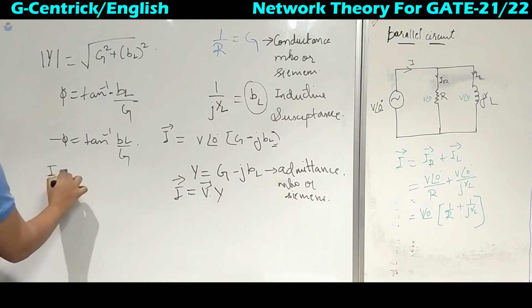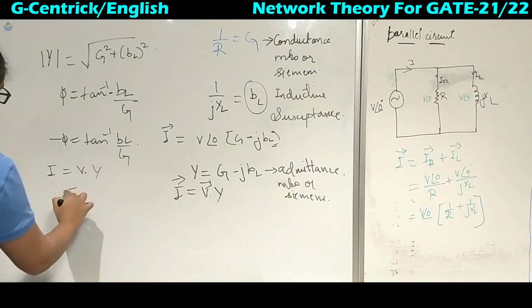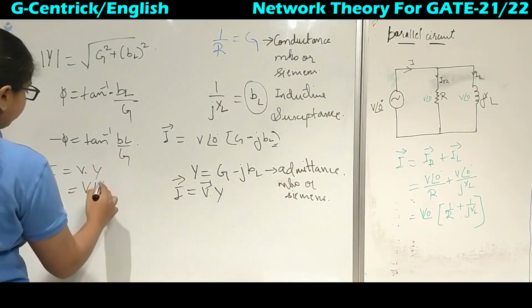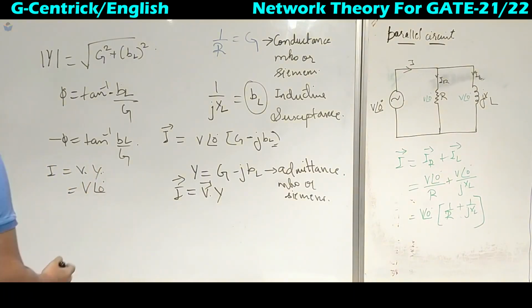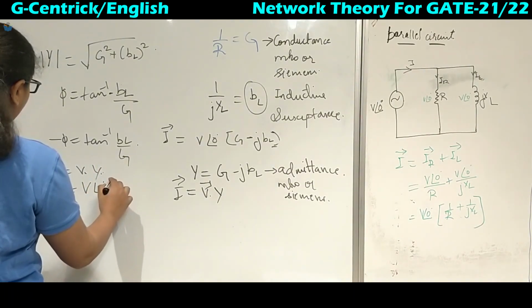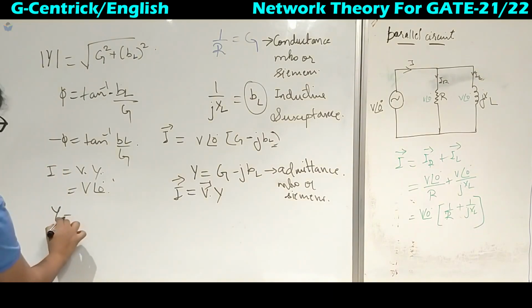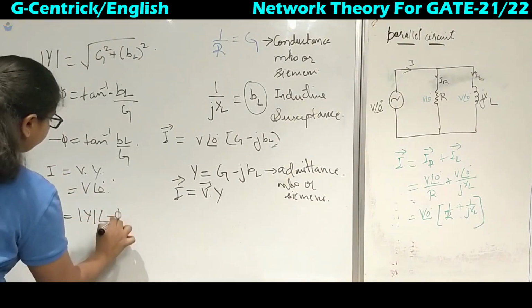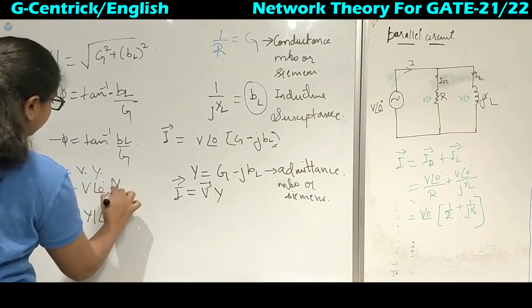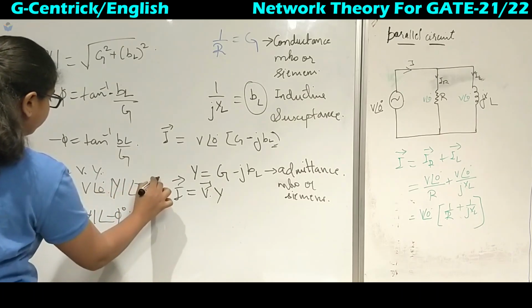Now I is nothing but V into Y, so this is V at 0 degree and Y can be written as magnitude at angle minus phi. So here also I will write minus phi.